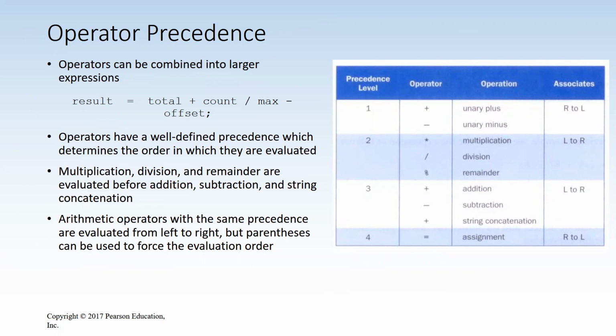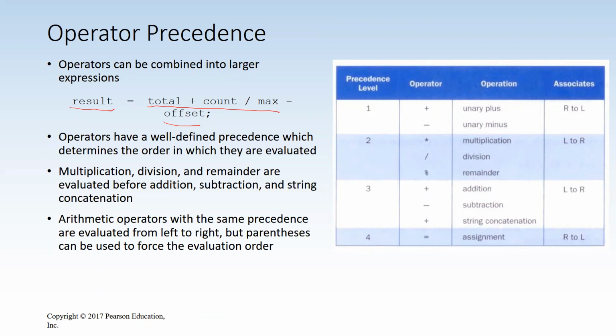Okay, so let's look at this. Operator precedence. That means who comes first. Suppose result is declared already, and you look at this expression. You know from your experience in math what comes first.